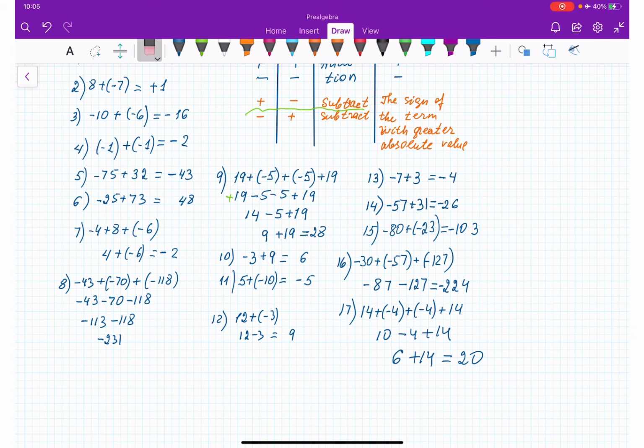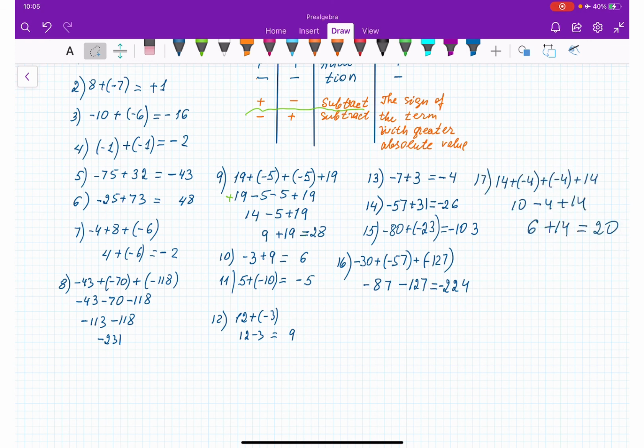And the very last problem, I'm going to move this here. Okay, and question number 18. Or maybe I should leave it there.